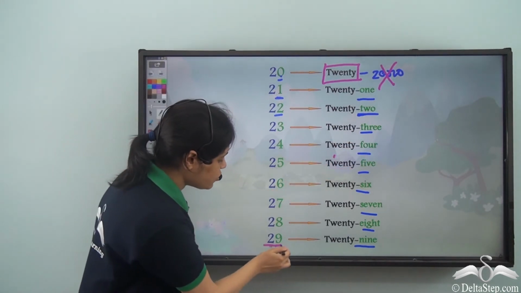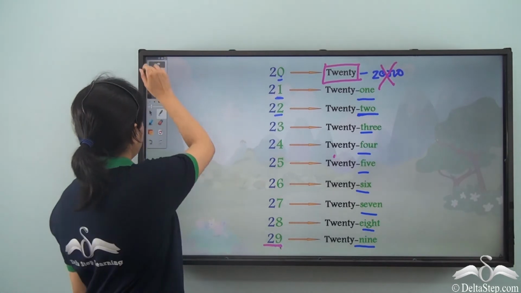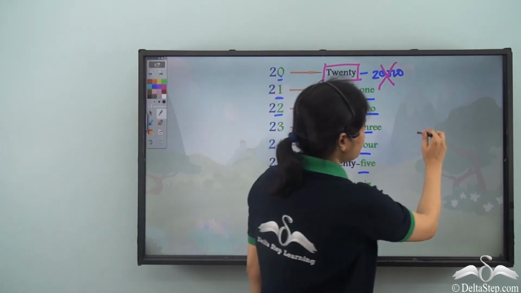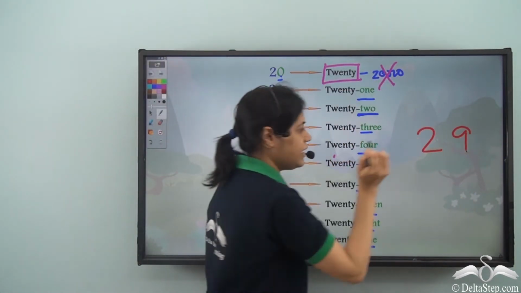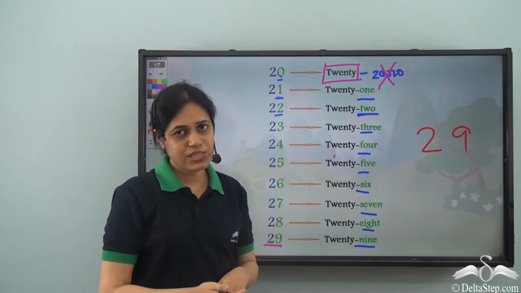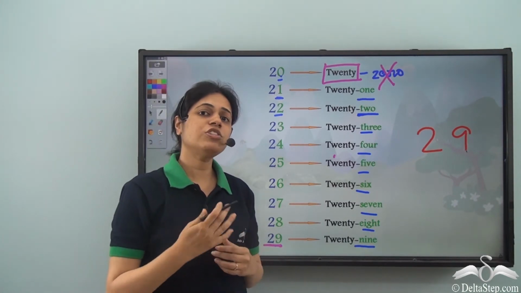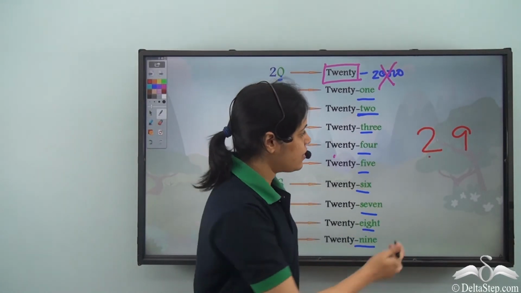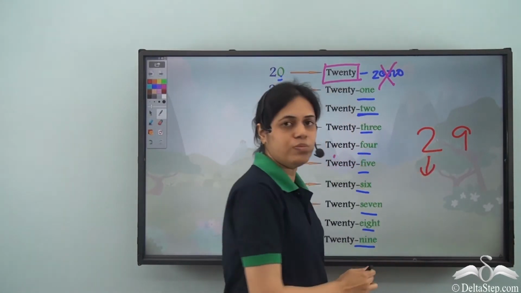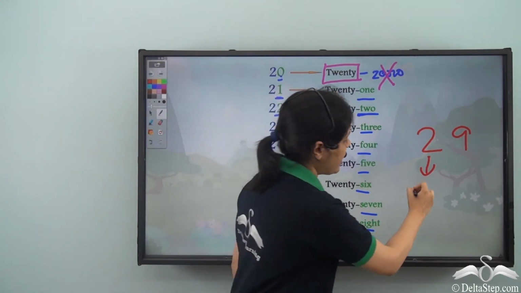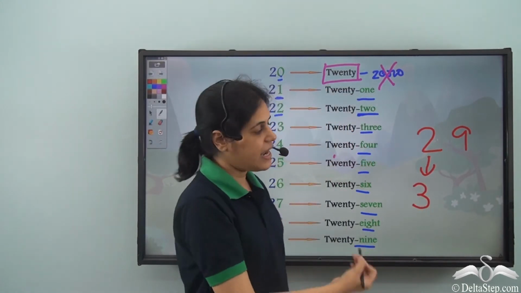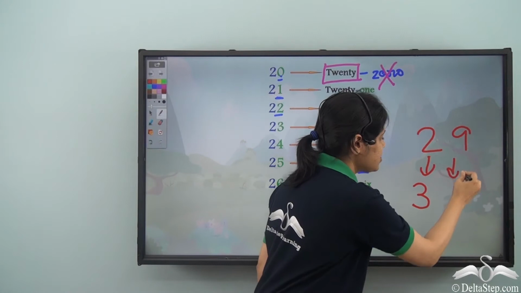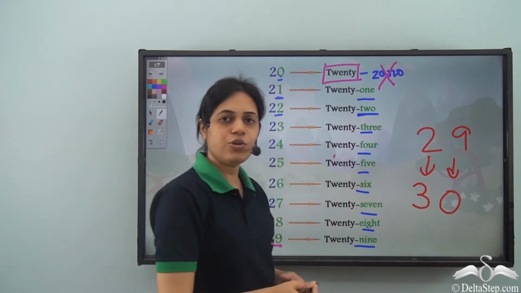And what happens after 29? We know once again that 9 is a troublesome number. It will not change until this number changes. And what will this number change to? After 2, we have 3, and 9 always changes to give us 0.